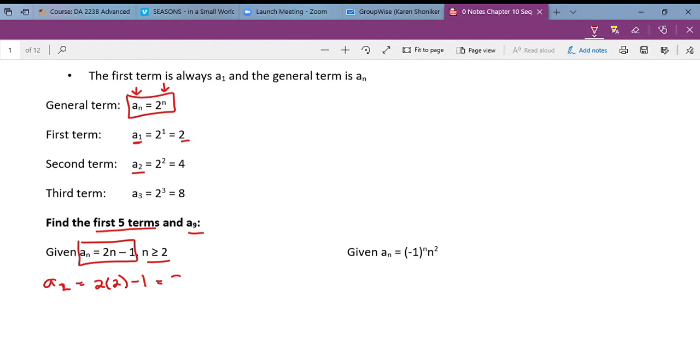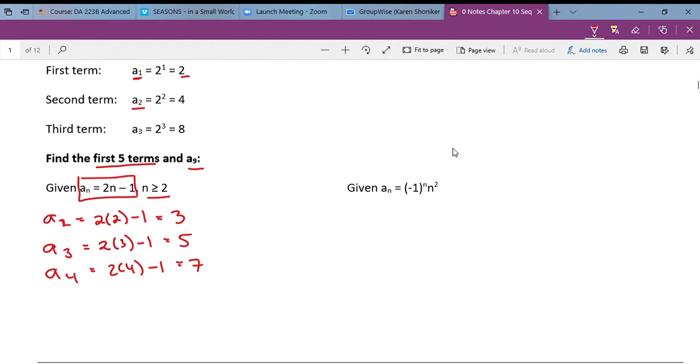So the first term would be 3. Your second term would actually be when your natural number is 3, so 2 times 3 minus 1, which would be 5. Your third term would be 2 times 4 minus 1, which is 7. If you're going to find your next term, 2 times 5 minus 1, which gives you 9.